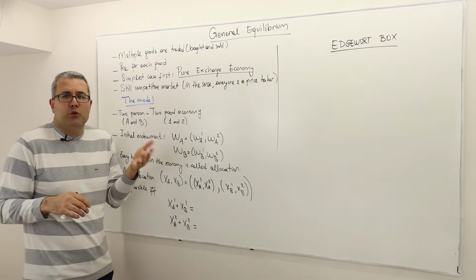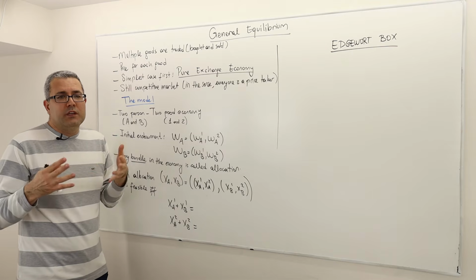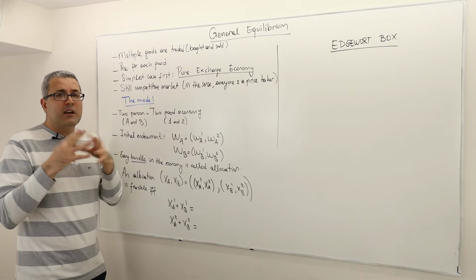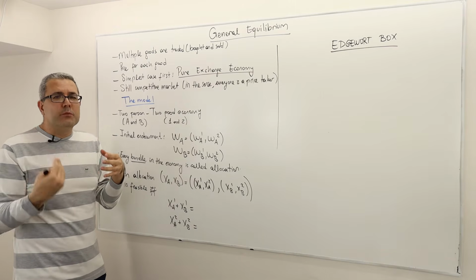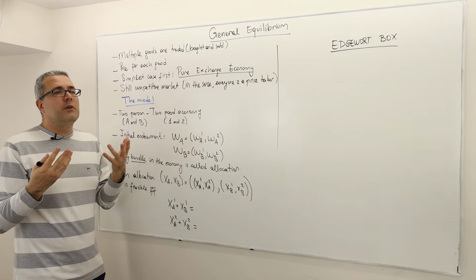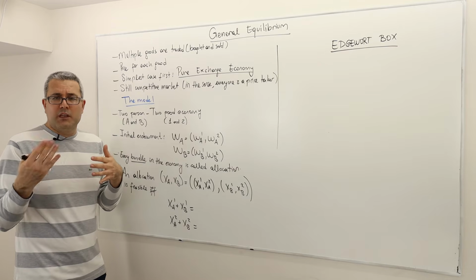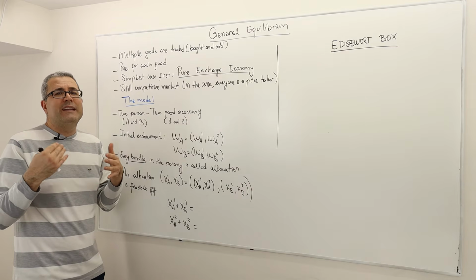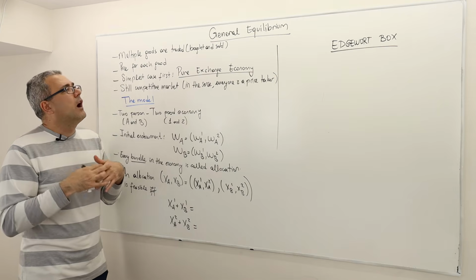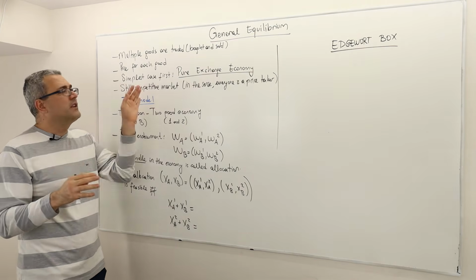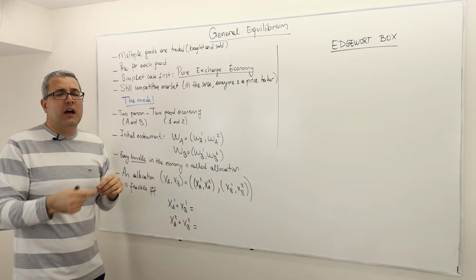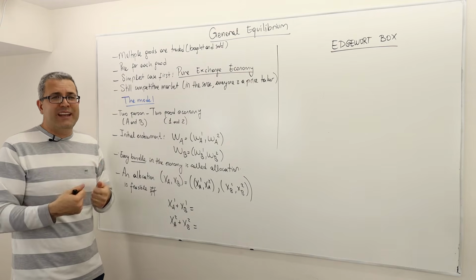Why do we call it pure exchange? Because the market participants do not produce anything. They're just consumers. But what are they going to be consuming? They're going to be consuming what we call their initial endowments. The production side of the market is ignored. This is for simplicity. Later, I'm going to bring the production side in as well.